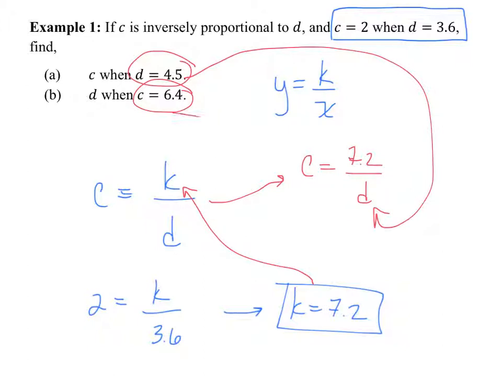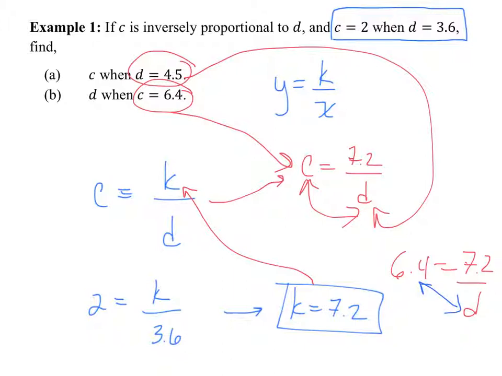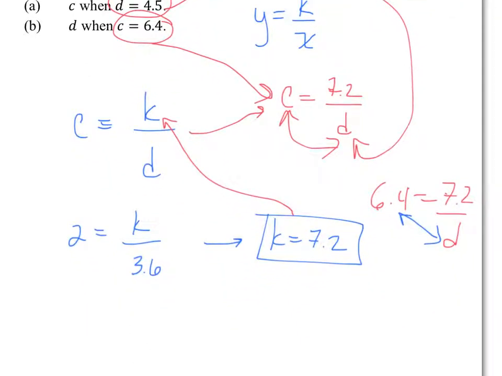So we take C, plug in 6.4 there. So then we have to flip-flop these two. We're going to have 6.4 equals 7.2 over D. So we have to multiply by D, bringing it up, and divide by 6.4, bringing it down. So to switch those positions. 7.2 over 6.4 is 1.125.